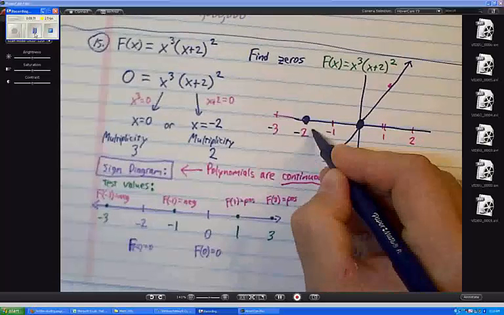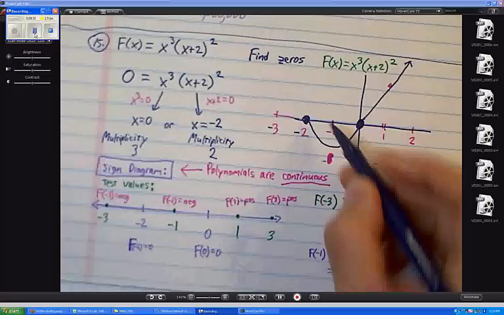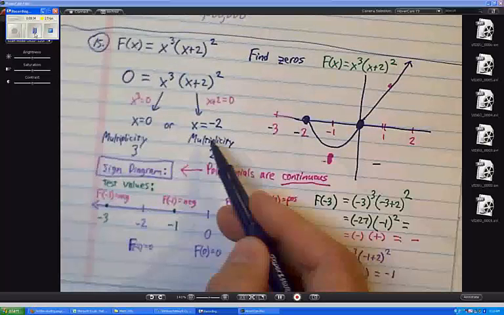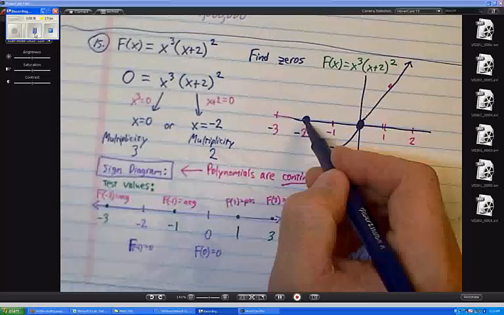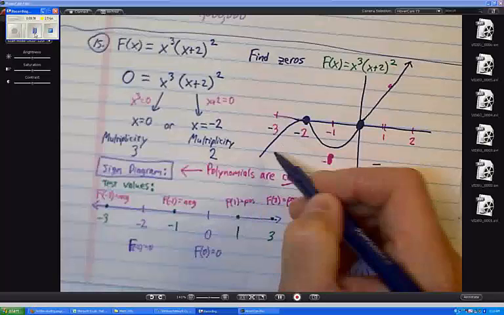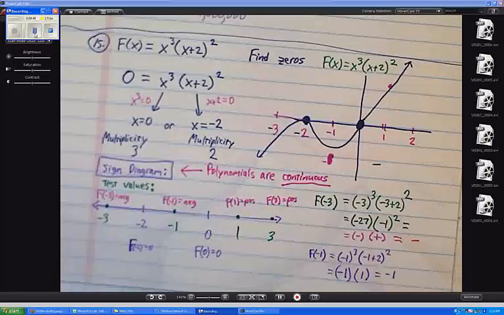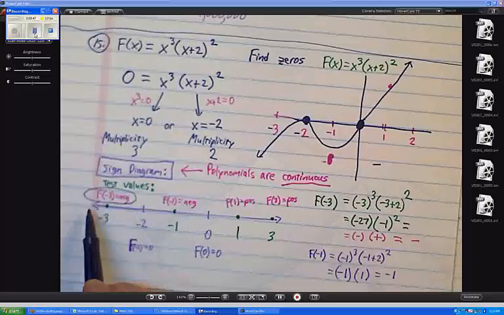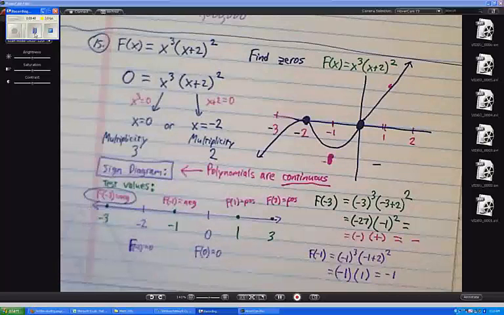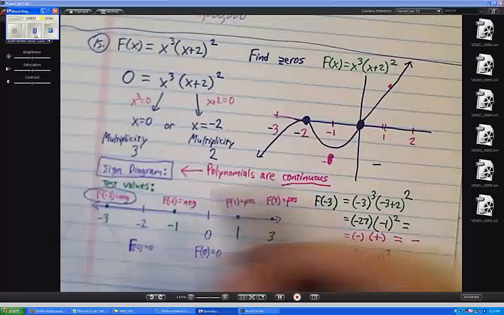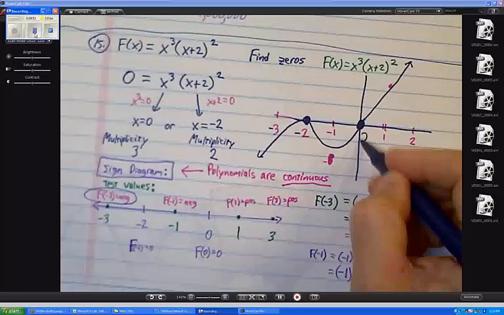But I claim that as soon as I get towards that side of negative 2, it's negative. Because if it's negative here, it can't be positive anywhere in the interval. Otherwise, we would have had a 0 somewhere. If it's negative in the interval between 0 and 2, it has to be negative the entire way.